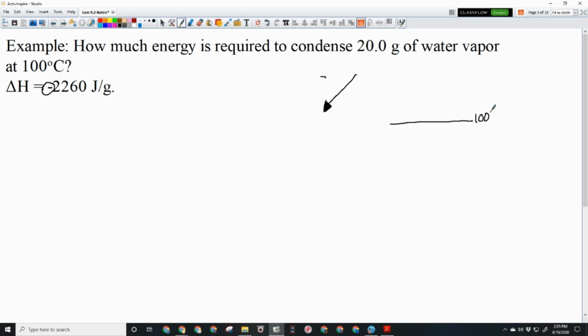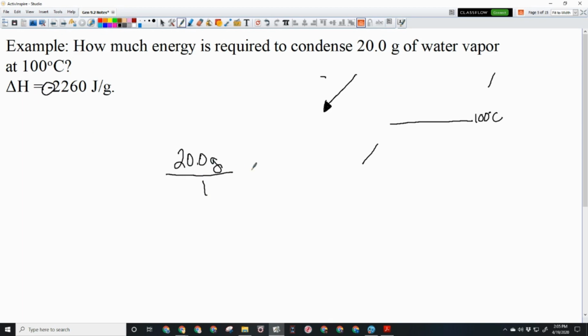So that's when water phase changes from a gas to a liquid. We're just talking about this flat area of the graph up here at 100 degrees Celsius. So it's asking how much energy is required for 20 grams. So we have 20 grams, and then we're going to multiply that by the delta H value.